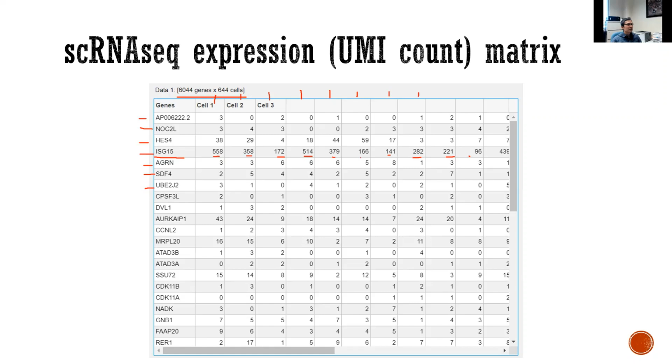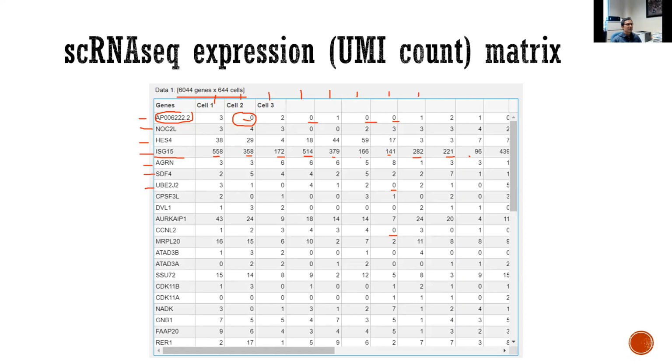Also, you can see a lot of zeros here. That's one of the most important characteristics of the single-cell RNA-seq expression matrix. Those zeros indicate there's no expression of this particular gene, for example, in cell number 2.